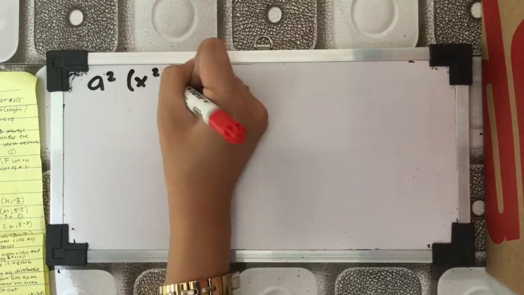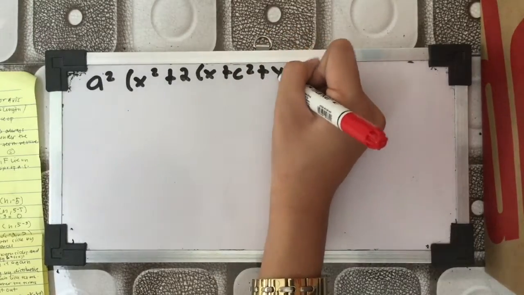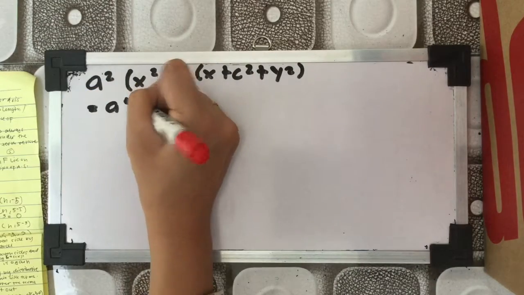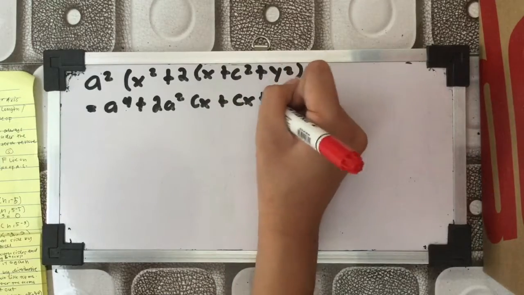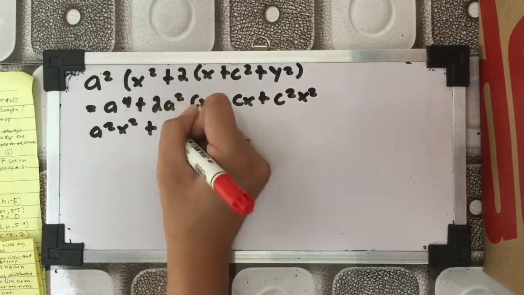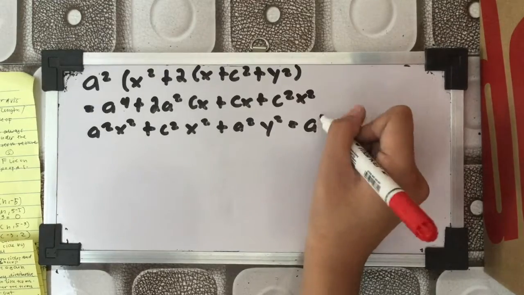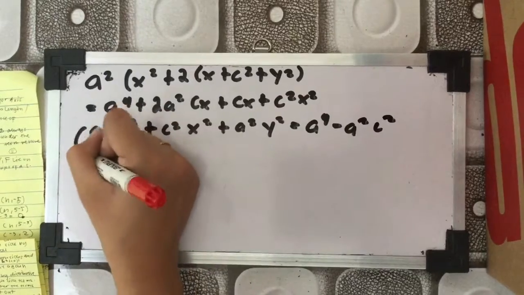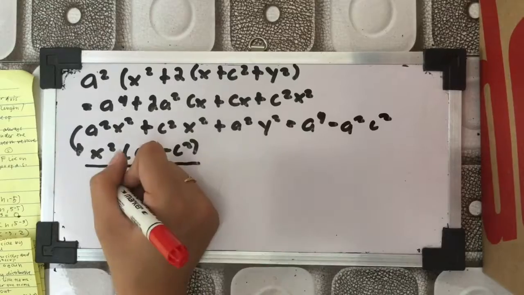In this part, we should simplify and use the distributive property. After canceling and gathering the terms, we should factor out: a squared x squared plus c squared x squared plus a squared y squared equals a to the power of 4 minus a squared c squared.